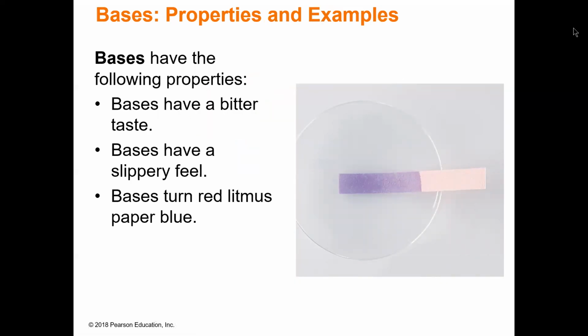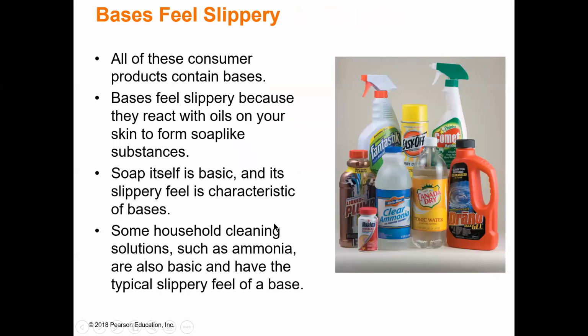If we've got an acid, we've got something to counteract that, which is known as a base. Here are some of the properties of bases. Bases tend to have a bitter taste to us, to humans. Bases have a slippery feel, and bases will turn red litmus paper blue. So if you use some sort of indicator paper, it will change color consistently if it's a base.